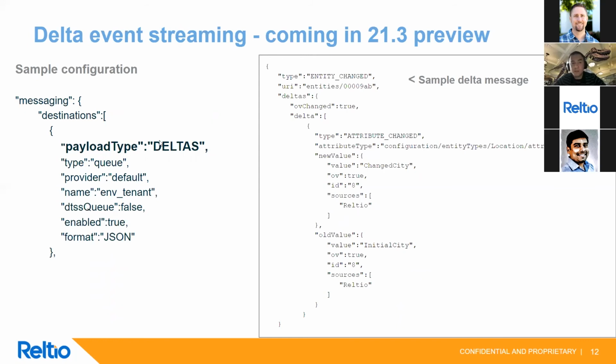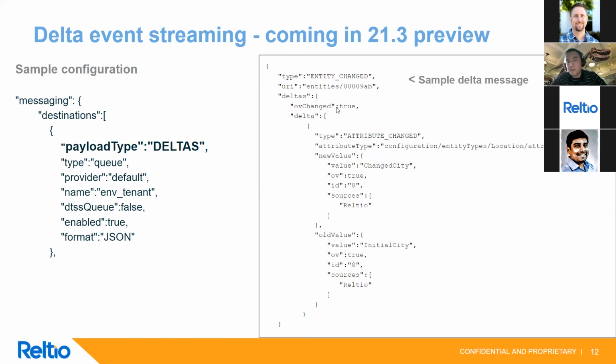But if instead you say deltas in this configuration, you'll start receiving payload always in activity log delta format. Same as if you ever used the activity log API and parsed the activity log JSON that you receive there, it'll be the same format here. So say I have an entity changed event for this entity, and I will receive a payload in the deltas format.